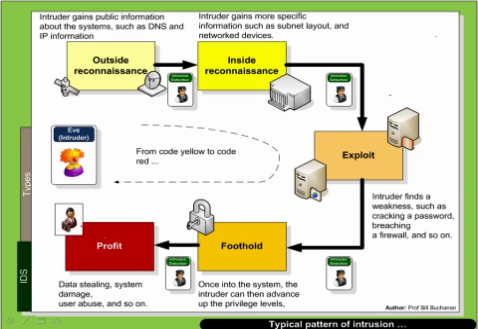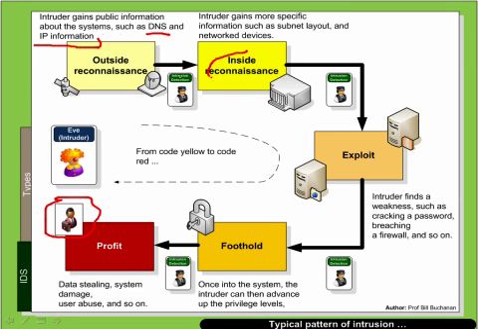A key thing is that if possible we want to stop any intrusion which leads to a profit. So an intrusion detection system will try and detect each of the phases of an intrusion, and typical phases include outside reconnaissance. That might be someone gaining DNS or IP information on the network.